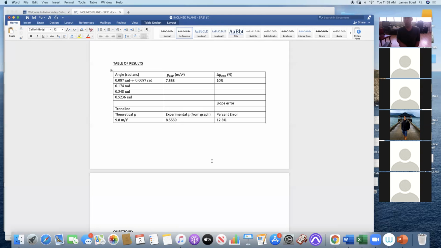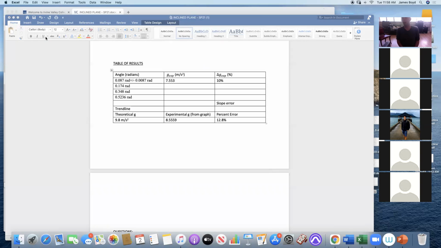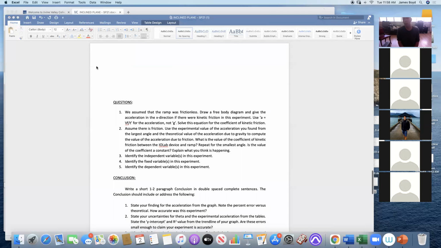Today, not so great, but you could see on my graph that some of my data points really weren't on that line. So I probably wasn't as careful as I should have been. So be as careful as you can. If you can get 4 really nice linear data points, you might get a really close value to 9.81. It just depends on how careful you are.